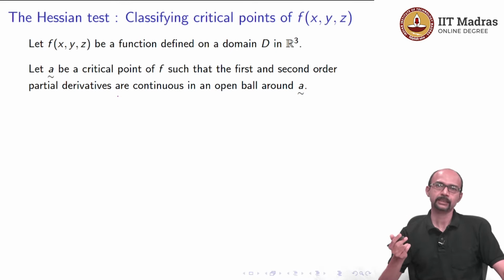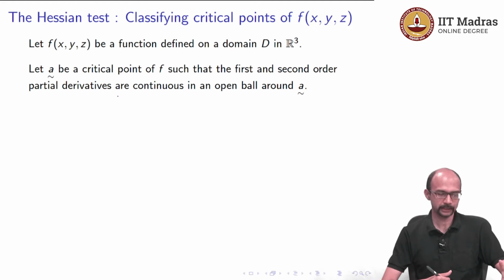Of course, thanks to Clairaut's theorem, we know that we can interchange the order. So, f_xy and f_yx are the same, f_xz and f_zx are the same, and f_yz and f_zy are the same.